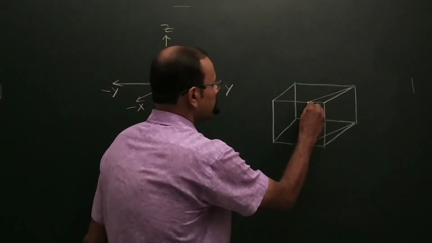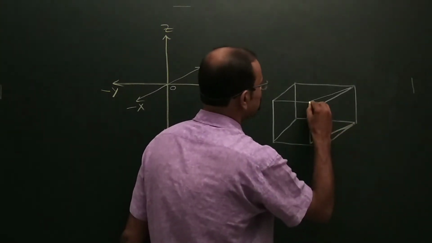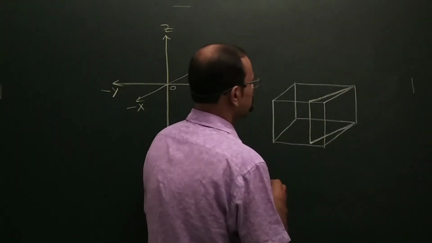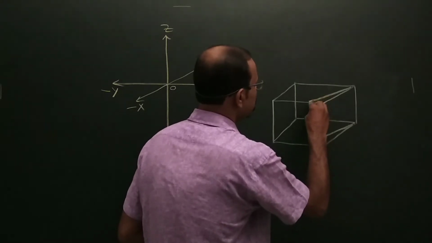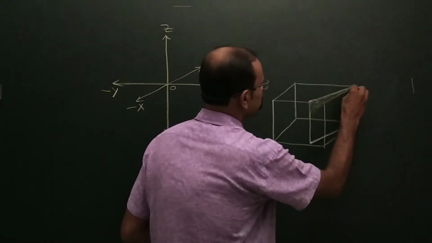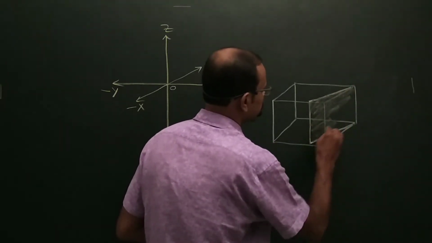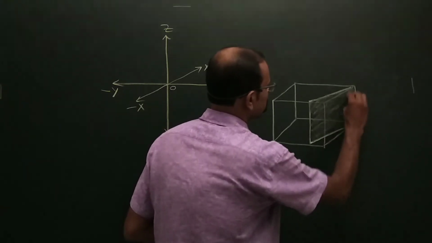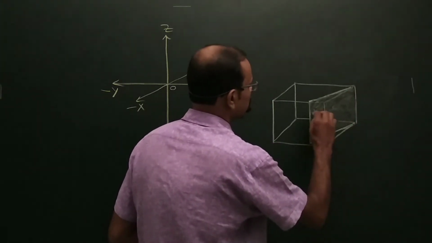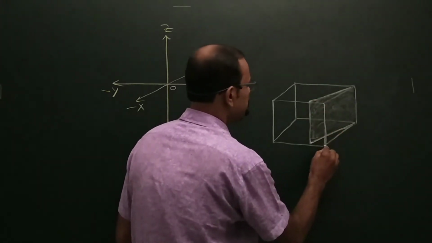Now you see, I have to find out the Miller indices of this plane. I am shading this plane like this so that you can understand easily. Yes, I think it is a very clear picture to you.